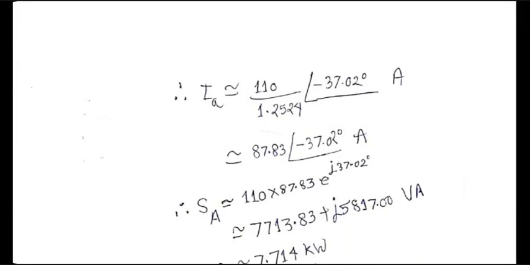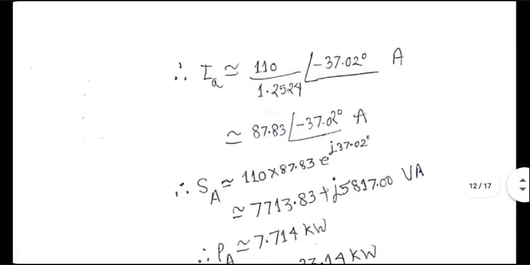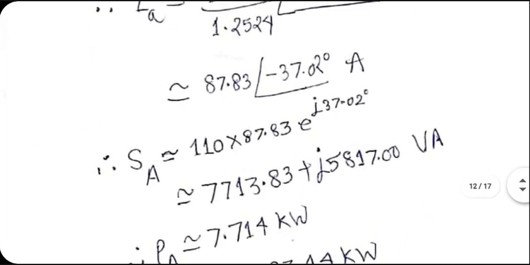SA you can calculate is half... of course, half will not be used because you're using RMS values for voltage and current. So half will not be there. It will be simply VAN into IAN, magnitude of course, and then e to the power j phi. That should give you these values.